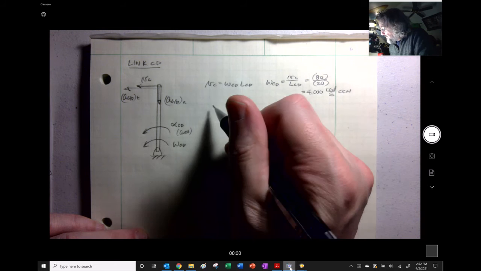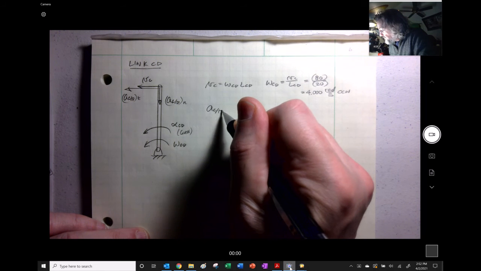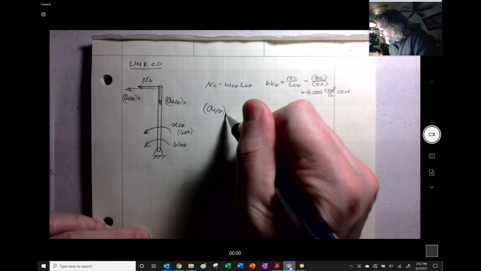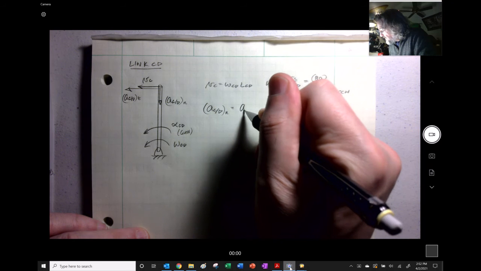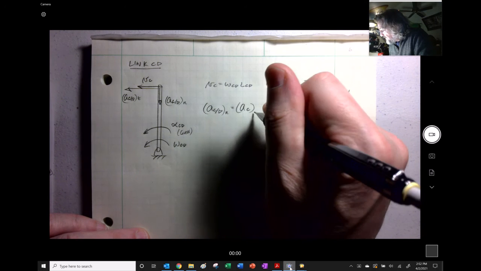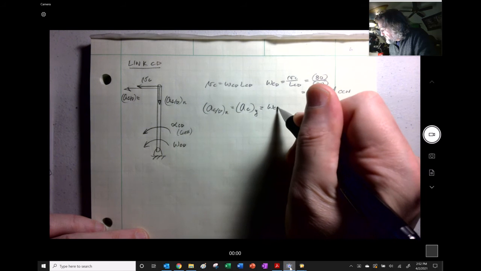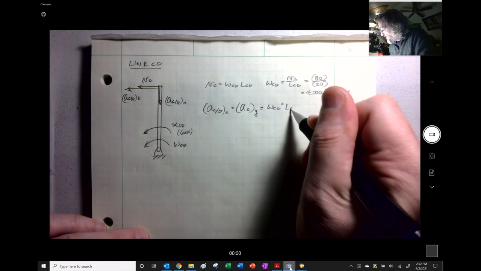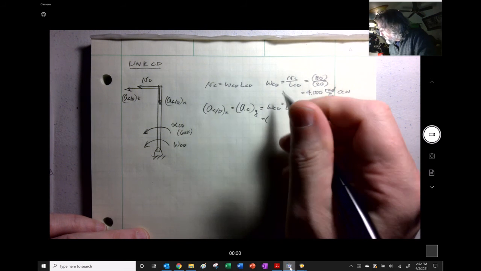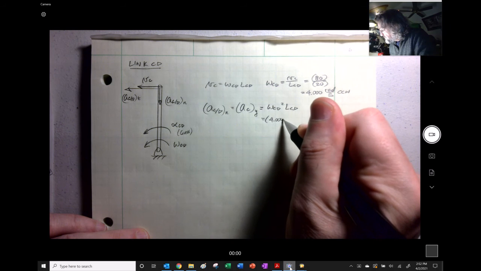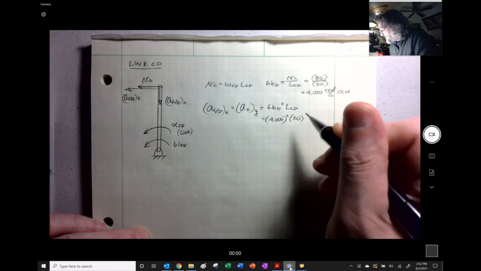So we can find out the acceleration of C with respect to D in the normal direction, which we know is the acceleration of C in the y direction, is going to be omega CD squared times LCD, or 4 squared and 20.